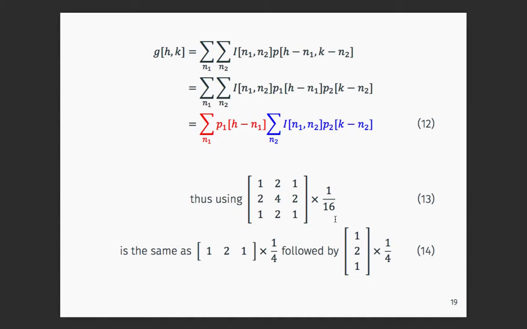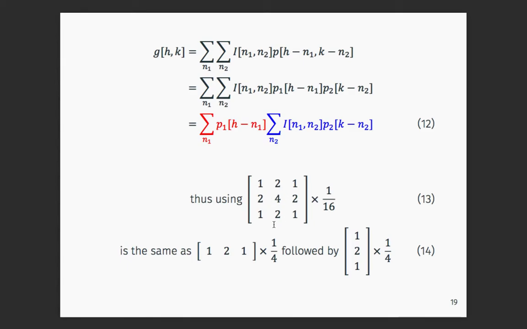If you do a weighted sum of your neighbors, regardless of how they're positioned, the visual effect is that it looks blurred. This 2D matrix can be obtained as the pointwise product of these two matrices: one is 1D, 1, 2, 1, and the other is 1D on the vertical axis, 1, 2, 1. And because here 4 is 2 times 2.